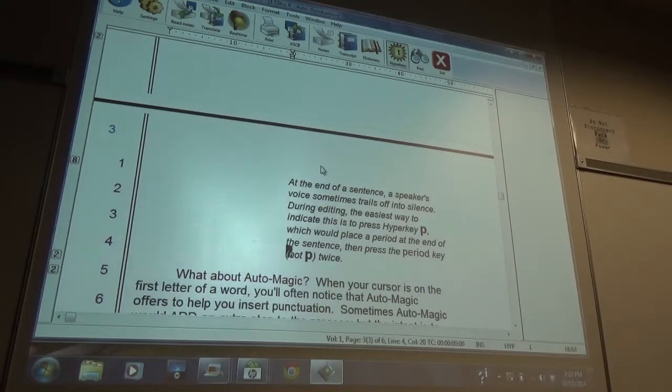Oh, I see what it says. So what they're trying to say right here is, sometimes, if you want to put what they call an ellipsis, it's a period, period, period at the end, because they just kind of trail off.